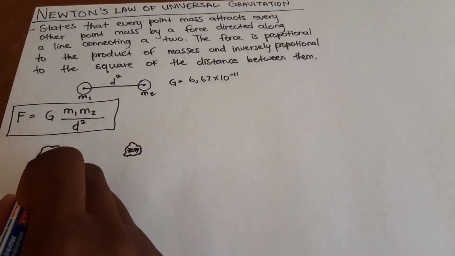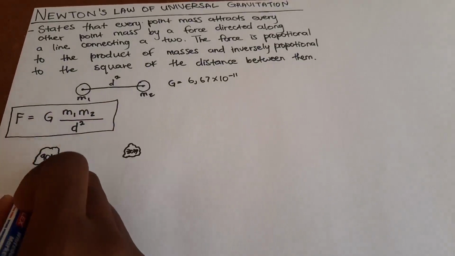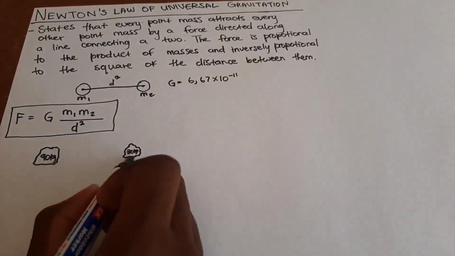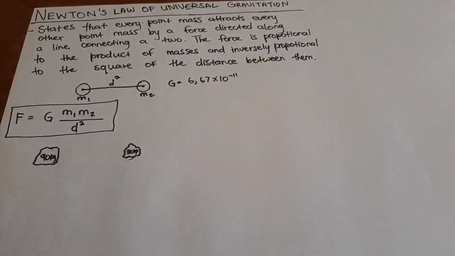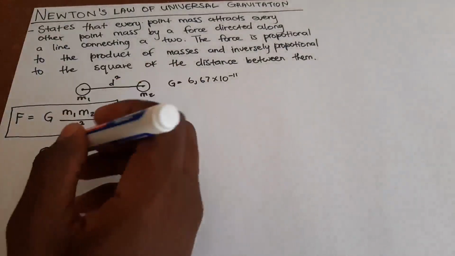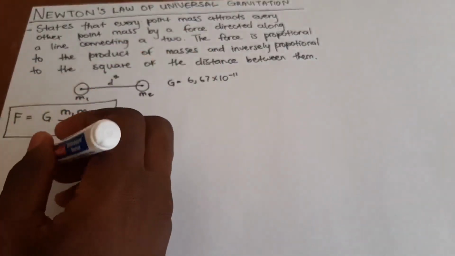So you know that there's a force of attraction between these two point masses, from here to there. So let's calculate the force of attraction between the two. What's the distance between them?